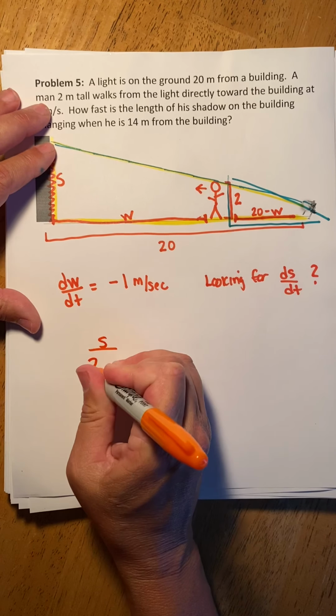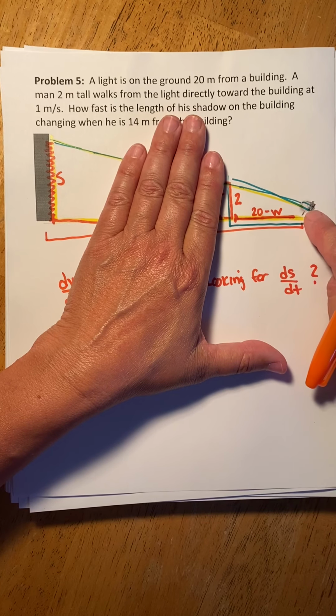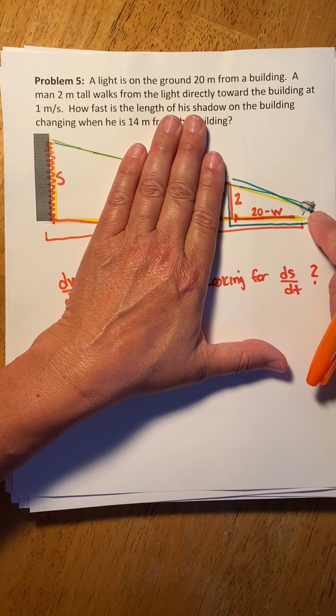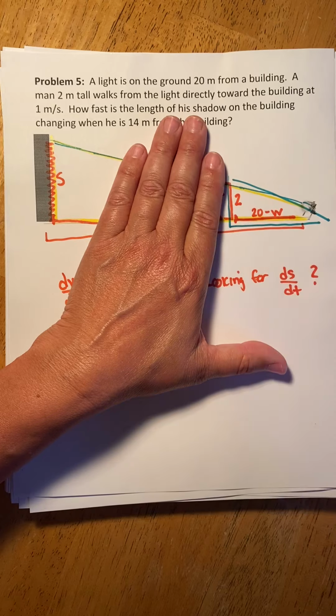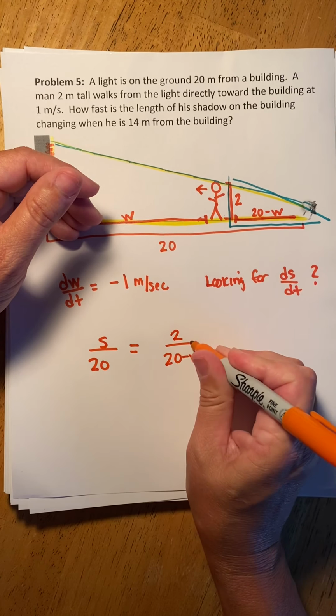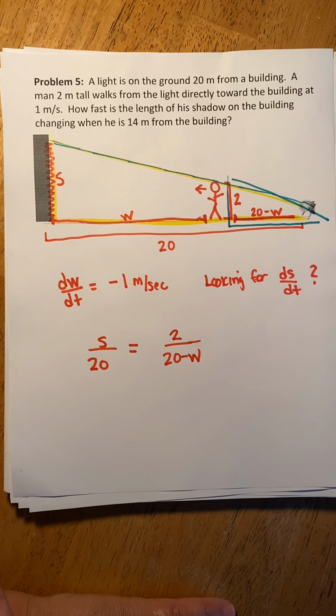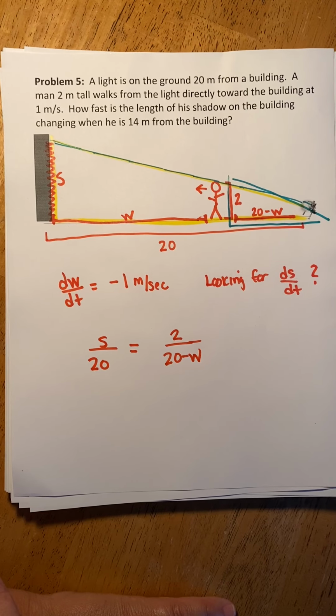If I look at just the little triangle, this angle is still the same angle, and its tangent is now 2 over 20 minus W. So we use similar triangles to create this little relationship: S over 20 is equal to 2 over 20 minus W. And that's how we're going to solve this problem.